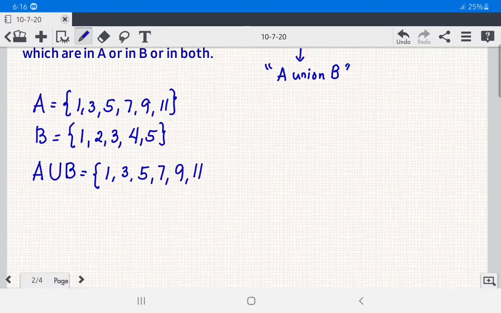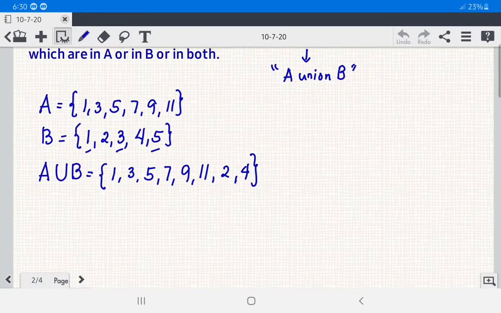And then from the second set, we have 1. We already have 1. Next is 2. Then we already have 3 also. Next is 4. And then we already have 5. As you can see, it is the union of all elements of the two sets.